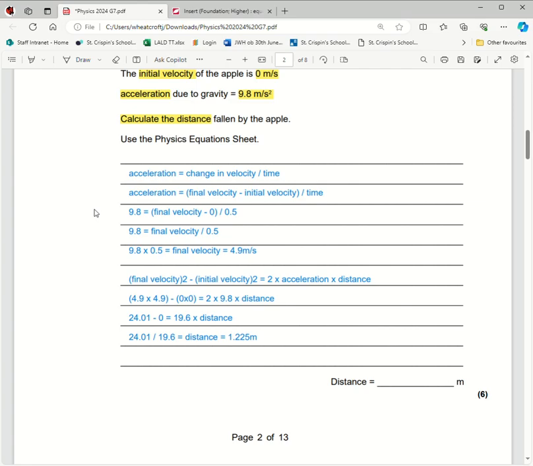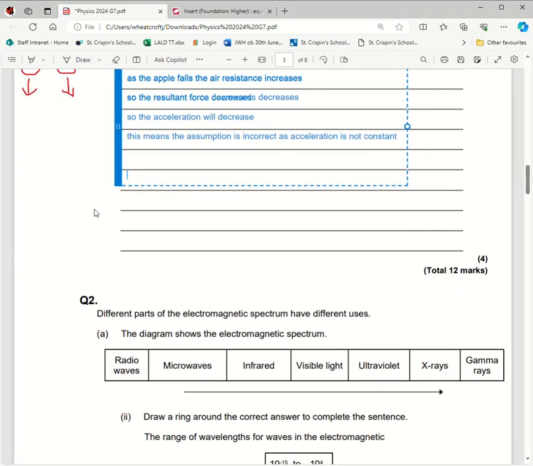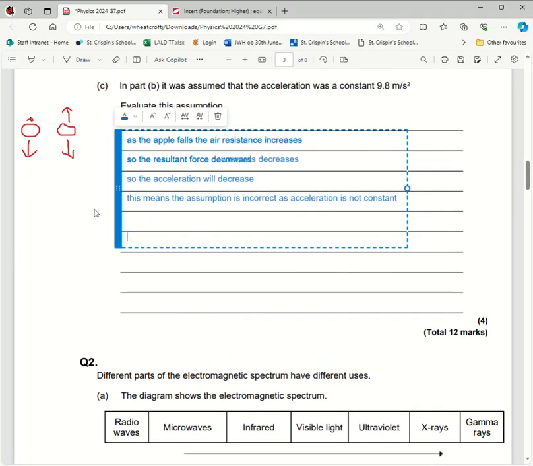In 1.2 meters, the amount of air resistance that's going to be able to build up on the apple is very small compared to the example we were mentioning to do with a skydiver. So this is where we are going to be effectively arguing that because of the small distance, this building up of the air resistance is so negligible as to not have an effect. So therefore, the other argument is the apple only falls a short distance.